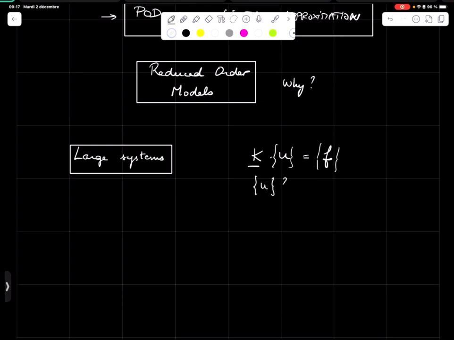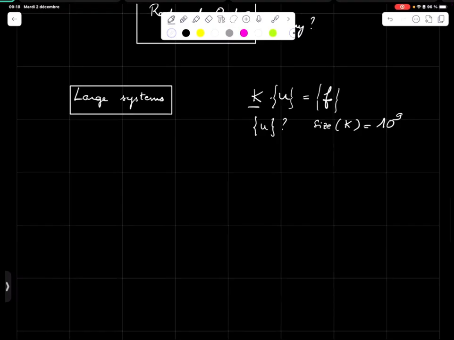Let's say that u is your unknown, and the size of k is something like 1 billion by 1 billion, and you need to solve that thing. And of course, you don't want to solve it for all particular cases because that would be super expensive. If every time you need to invert k, that's going to be super expensive.